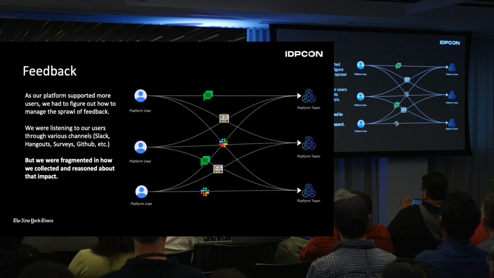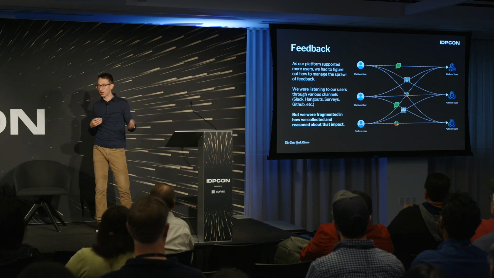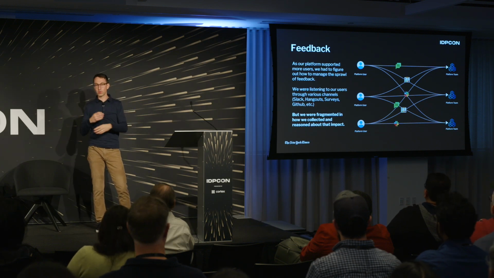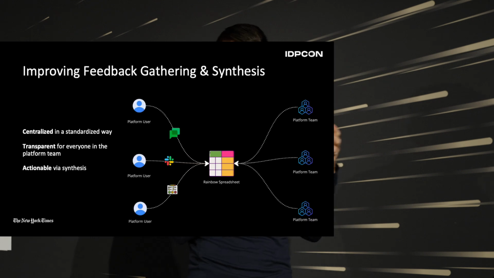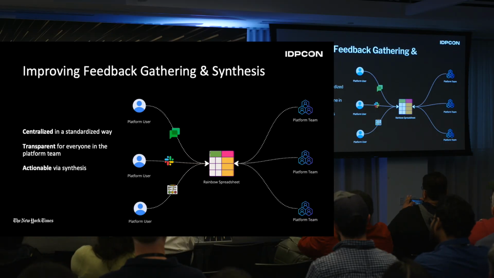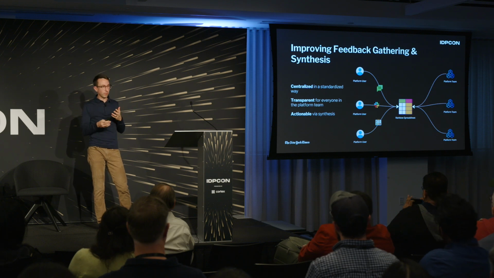So in that feedback synthesizing, we were getting a lot of signals from various places, from Slack, from emails, Hangouts, meeting with people live. So we really needed to figure out how to collect all that feedback and reason about it and synthesize it. And we came up with this idea of centralizing, transparent for everybody to see, and actionable via synthesis.